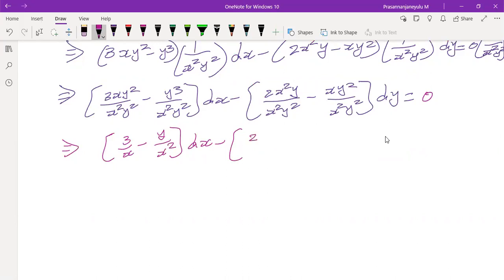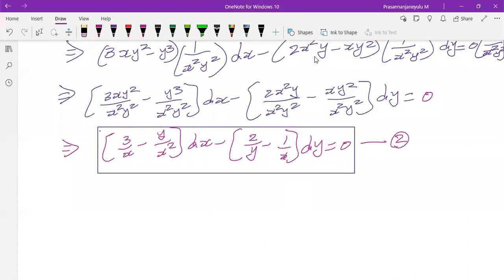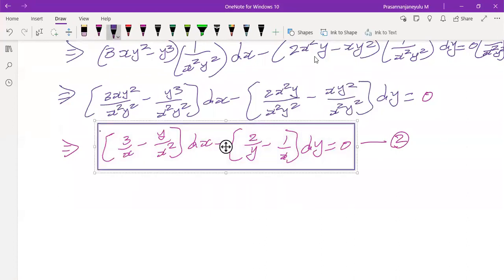So finally we'll get 2 by y minus x from x square, one x cancels, y square gets cancelled. So finally we'll get 1 by x, into dy equals 0. So this is a reduced differential equation, which we take as equation number 2. Now we have to check whether this equation number 2 is an exact differential equation or not. How to check whether it is exact or not? Comparing with which differential equation?